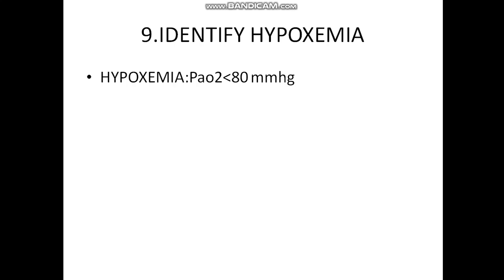We calculate the alveolar partial pressure of oxygen and subtract from it the arterial partial pressure of oxygen from the blood gas. Whatever value we get, we call it the alveolar-arterial gradient. How do we do this? I will make a separate video on this and let you know. For now, remember that whenever you interpret an ABG, it is also important to identify hypoxia.